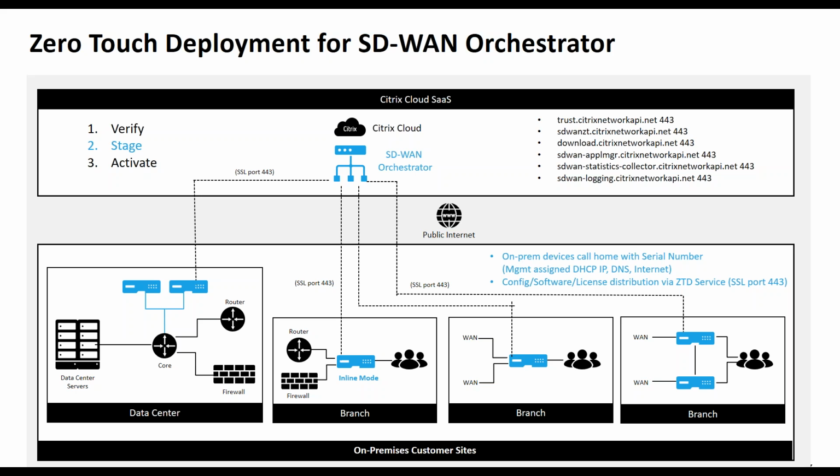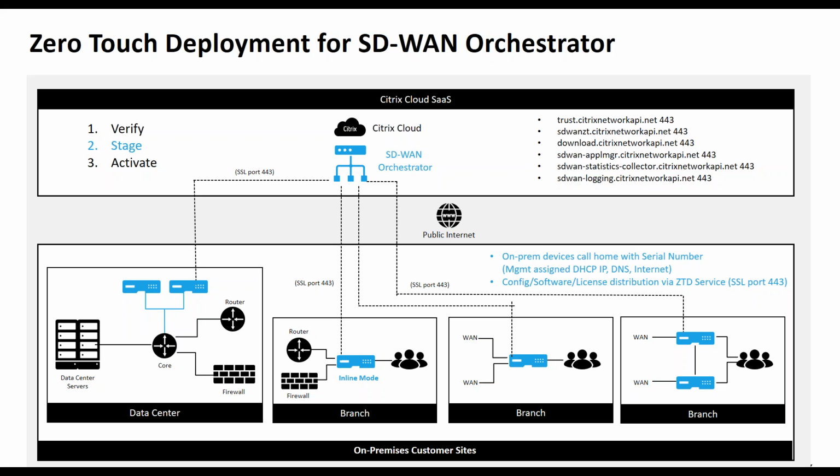As long as the serial matches, we'll see that it has cloud online, and at that point we can work through the zero-touch workflow, which is basically the same thing that we've shown. The only difference is that the software and license distribution will happen through the zero-touch deployment service, which is kind of a hidden service on Citrix Cloud, which happens during that stage process in the deployment tracker.